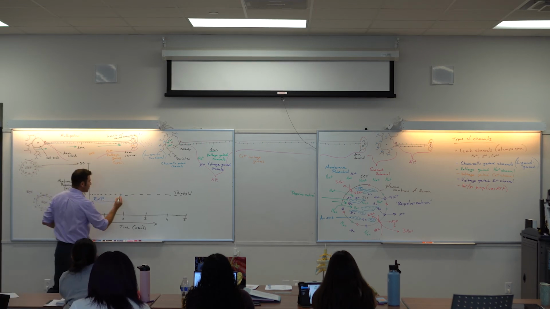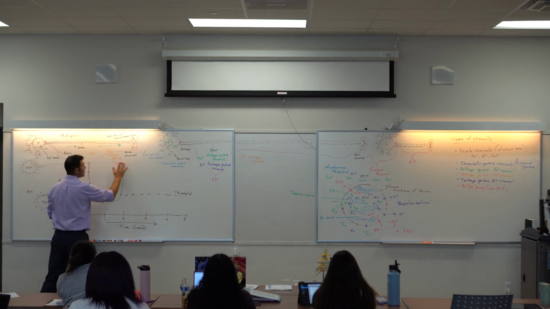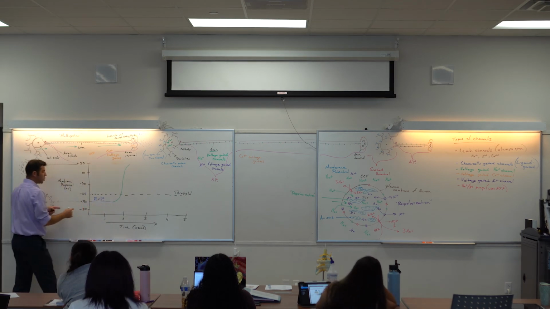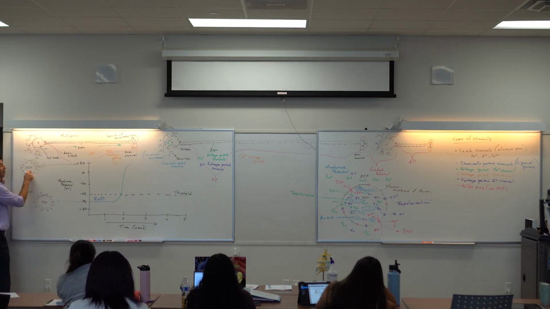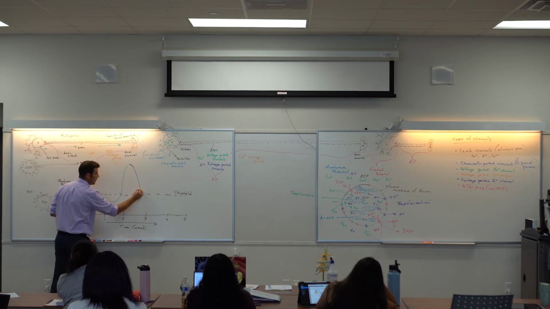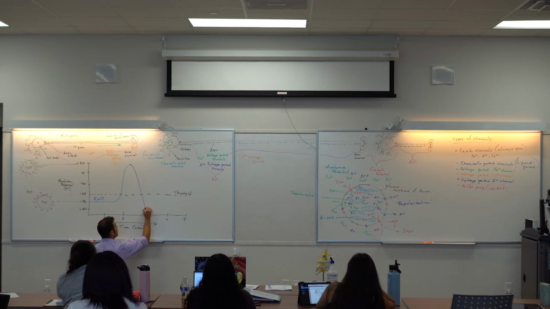Right after we cross threshold, we can graph it going all the way up to about plus 30, at which point we reach the peak of the action potential, and the charge of the cell has now taken on so many sodium ions that the inside cytoplasm is positively charged. But then this is quickly going to fall from plus 30 all the way down below resting membrane potential. I'm going to go all the way down to like negative 80.